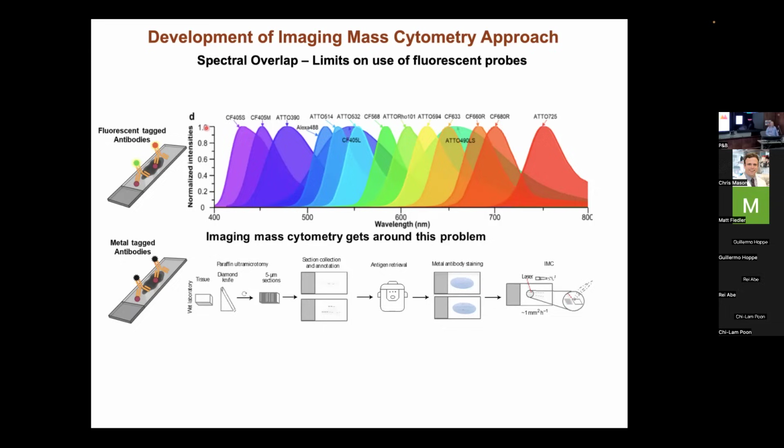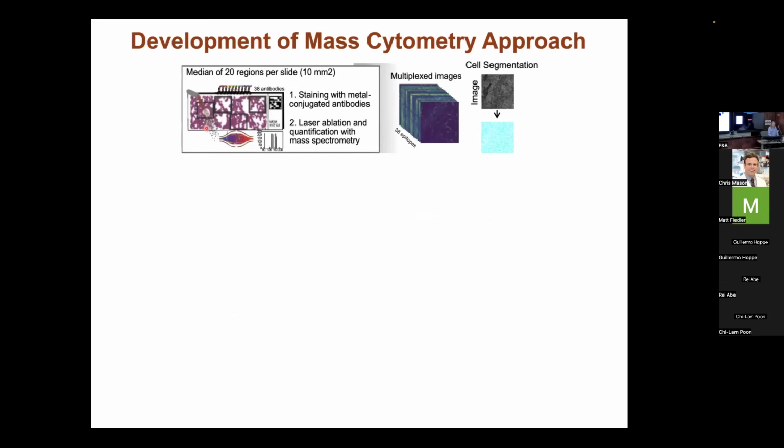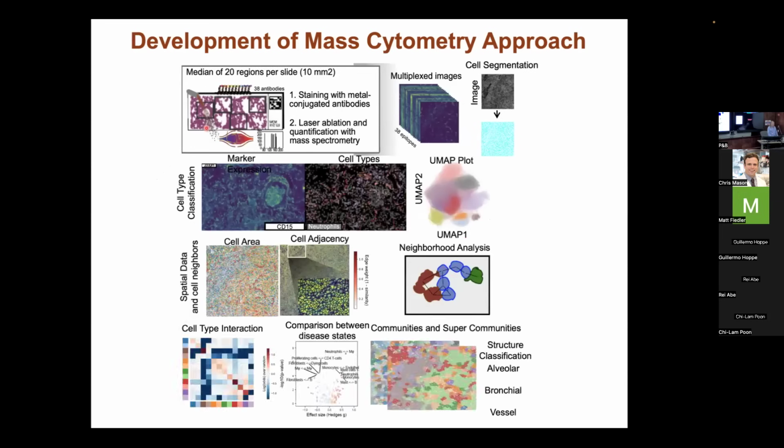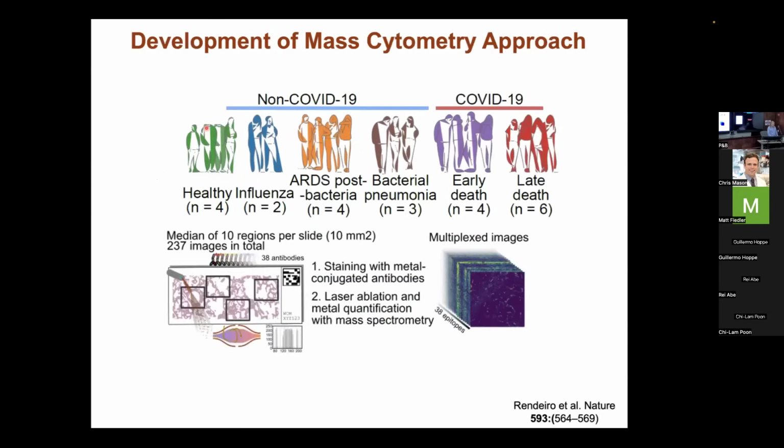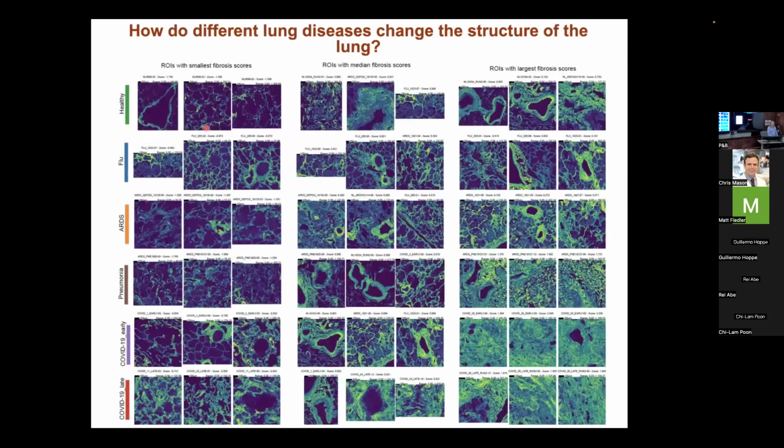But if you do this for isotopes that aren't present in us, then in the antibody that's tagged, the signal you're looking at by mass spec has to be coming from the antibody that you labeled your tissue with. And so this has allowed us to go up to 41 different parameters. In this study, we just did 38 different parameters. But basically, this allows us to get very refined data.